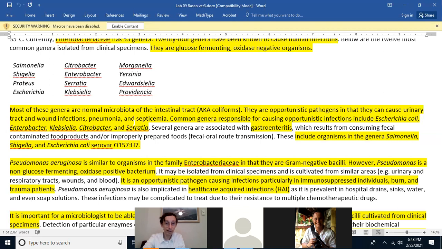Several of them cause gastroenteritis, like E. coli, and you get them commonly by consuming contaminated food products.